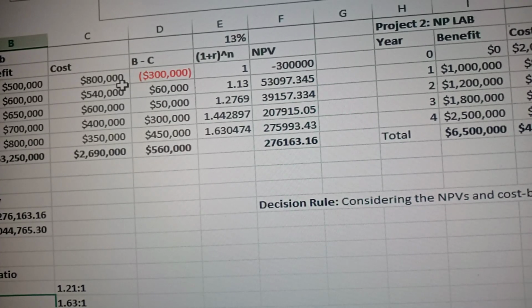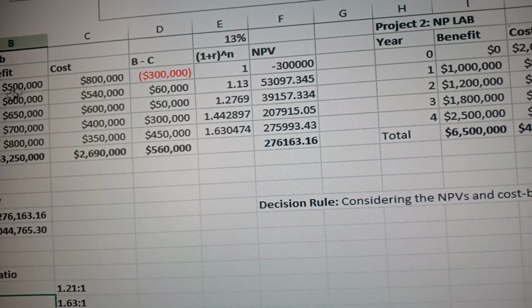And then from here, we are going to use the spreadsheet, the Excel functionality, to help us analyze these figures. So under D, you can see B minus C. B minus C means we are subtracting the cost from the benefits for each financial period.